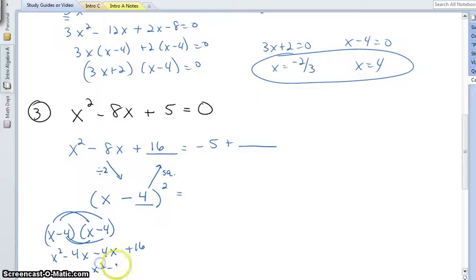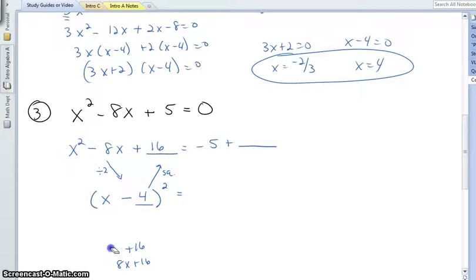So that is x squared minus 8x plus 16. So that is x minus 4 squared. So it works. Whatever I added to the left side, I have to add to the right side. So this becomes x minus 4, the quantity squared, equals 11.